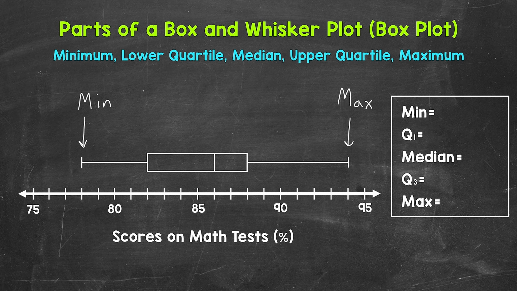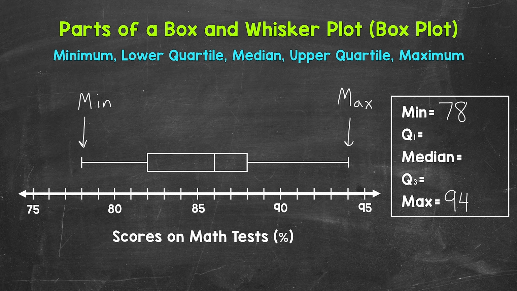The minimum in this example is 78, so 78% was the lowest score that that student had throughout the year. The maximum in this example is 94. So 94% was the highest score that that student had throughout the year.